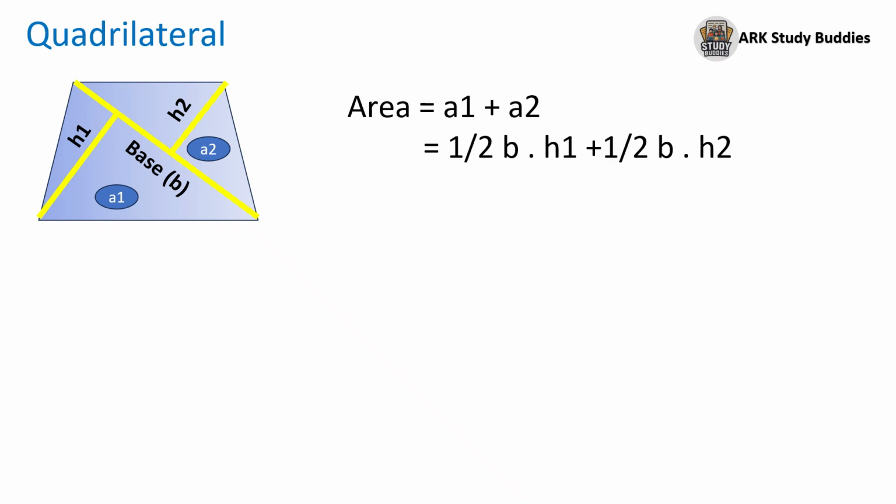Area of a quadrilateral is equal to the area of the two triangles A1 plus A2, that is equal to half into B into H1 plus half into B into H2, which can be written as half into B into H1 plus H2.